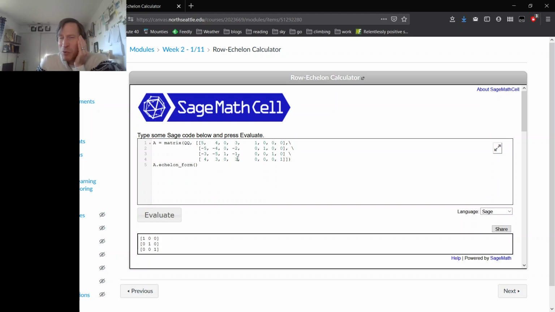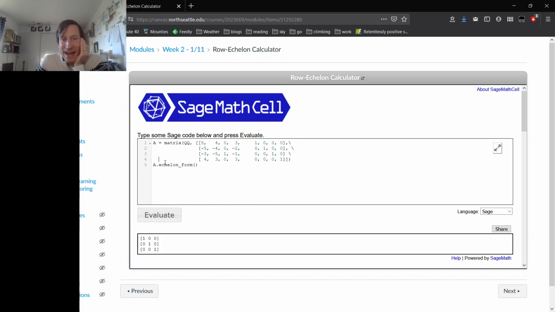So Sage won't really know that I'm row reducing to find an inverse. It will just happily row reduce whatever I give it. But just from the way I've typed this in, you can see that the part on the left really is the matrix we started with, and the part on the right really is the 4x4 identity.